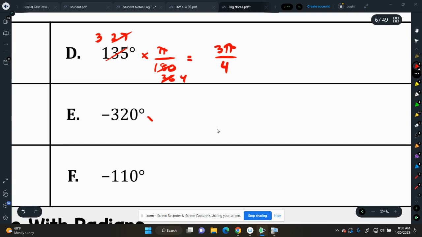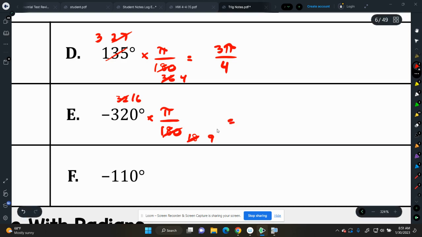All right, do it again. Pi over 180. So this time I know I can reduce by 10 at least. So that's going to be 32, and that'll be 18. And then I know I can reduce by 2, so that's 16 and 9.